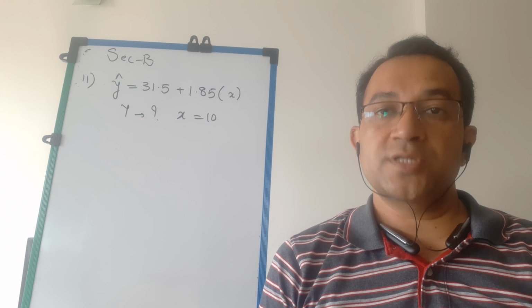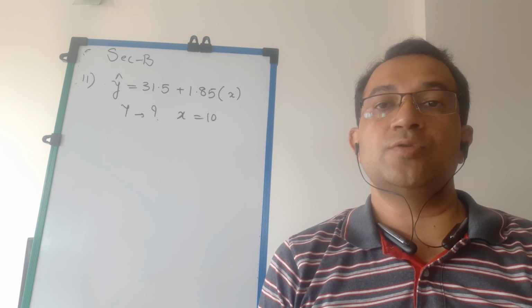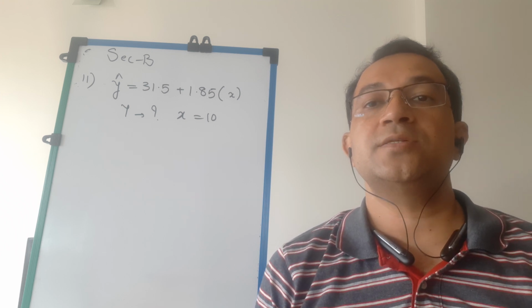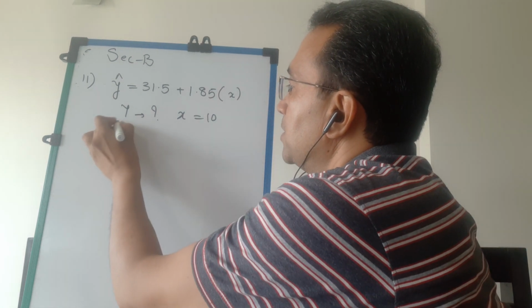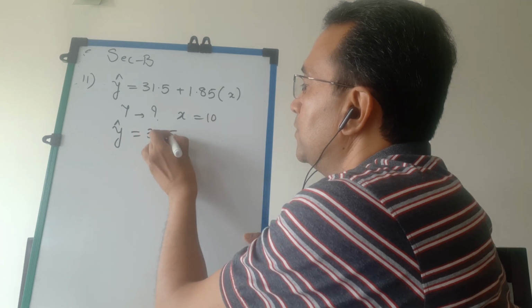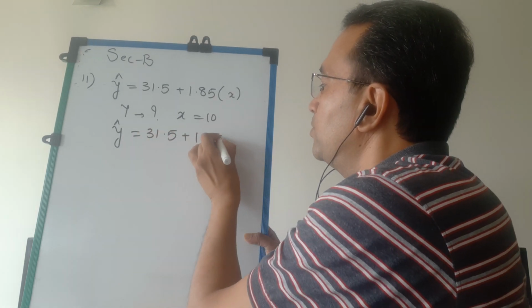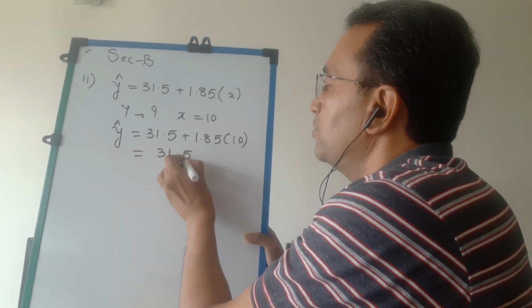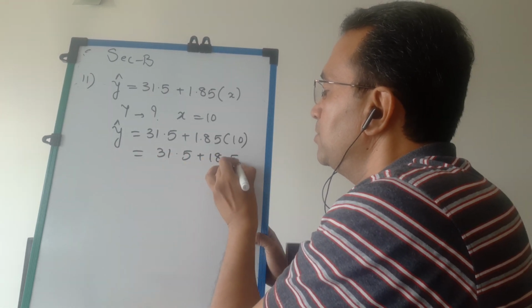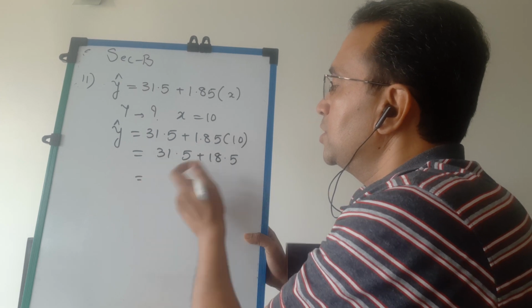So what are the steps? Substitute x is equal to 10 in the regression line and find the estimate of y, which is the dependent variable. So y cap is equal to 31.5 plus 1.85 into 10. So this is 31.5 plus 18.5. So this is 32 plus 18.